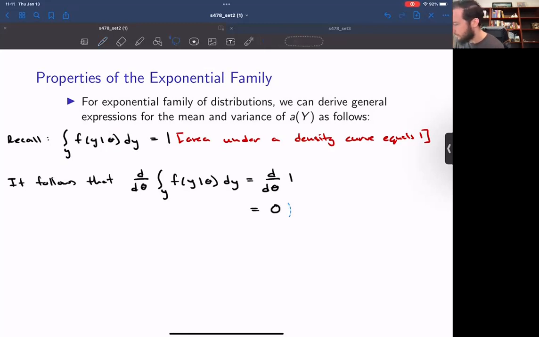Okay. So if we integrate any density function, that's equal to 1. If we take the derivative of that integral with respect to the model parameter, that's equal to 0.